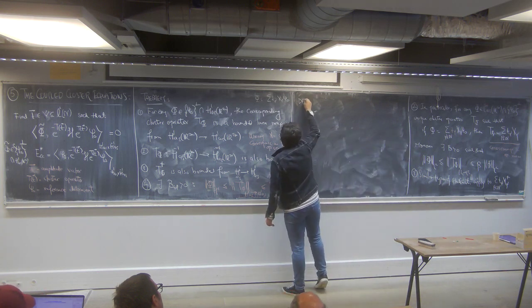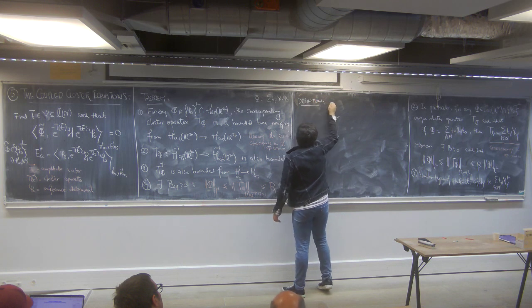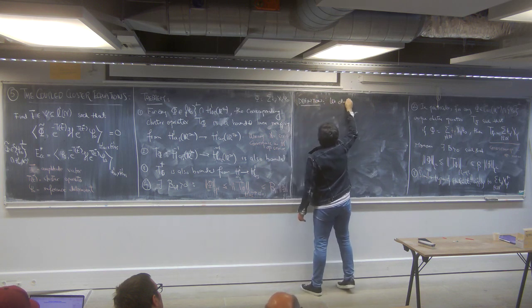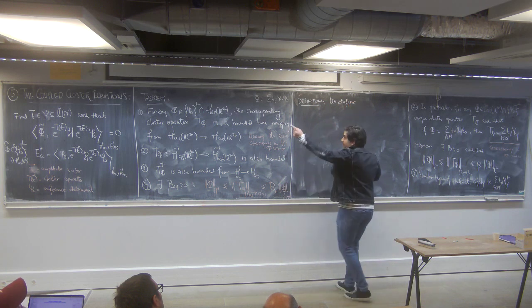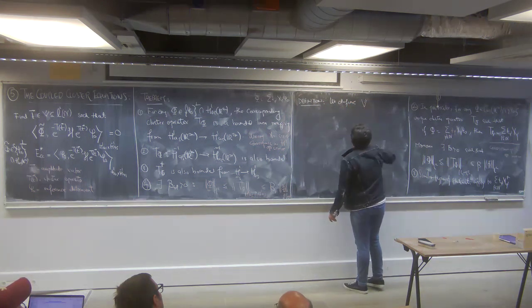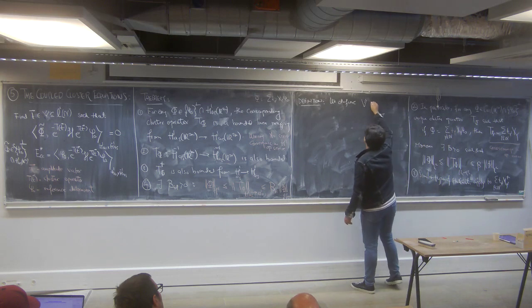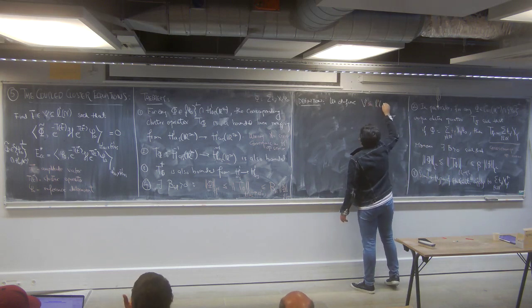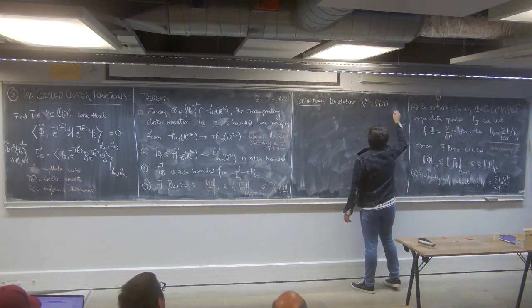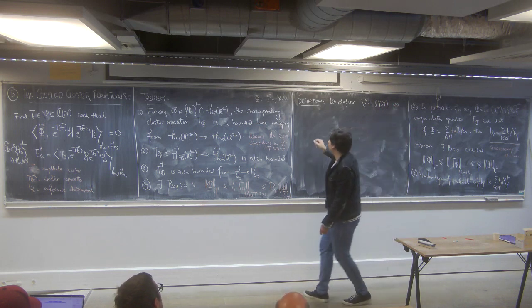So, definition. We define, as you probably see from the left there, bold V as a subspace of L2 of n. And it's defined in the following way.